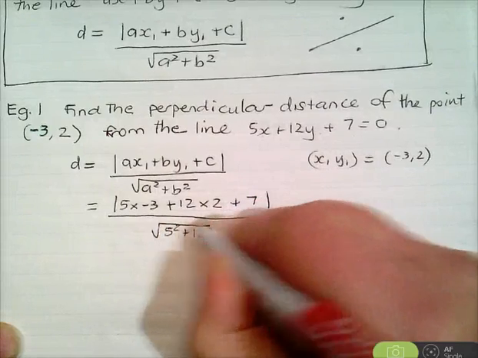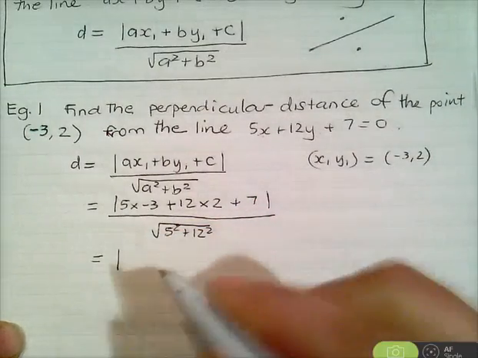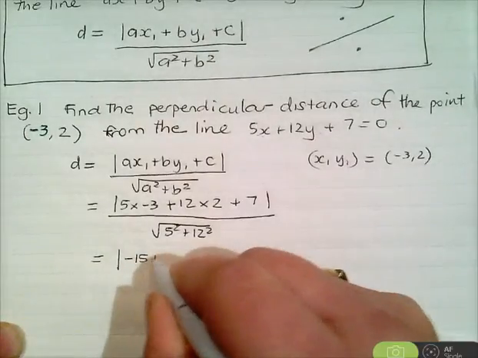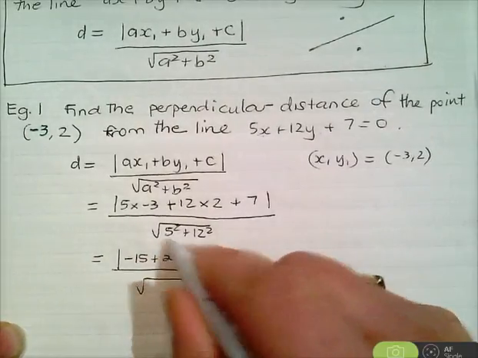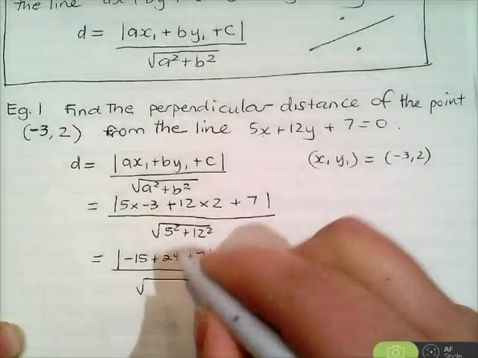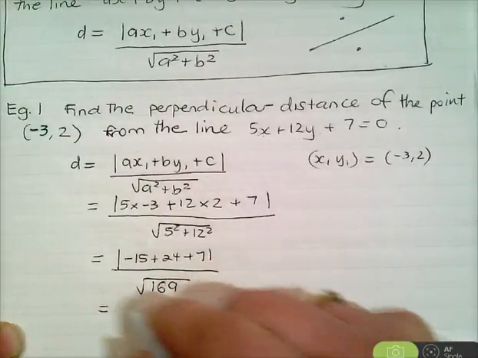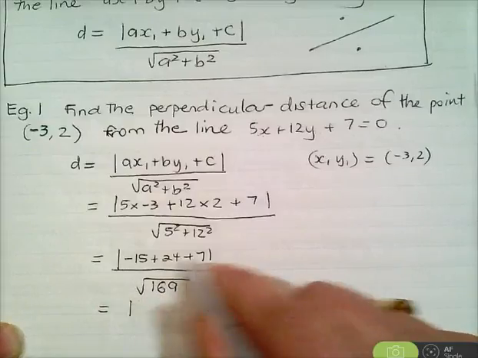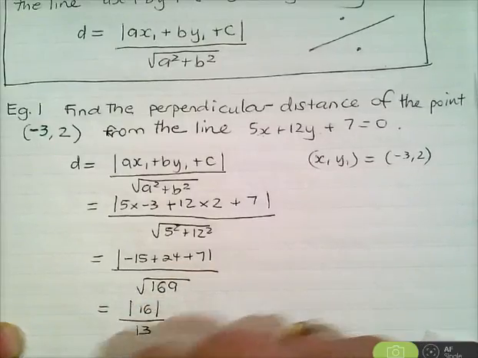And working that out, we get the absolute value of -15 plus 24 plus 7 over the square root of 25 plus 144, which becomes 169. So that becomes the absolute value of 31 minus 15, which is 16, over 13.